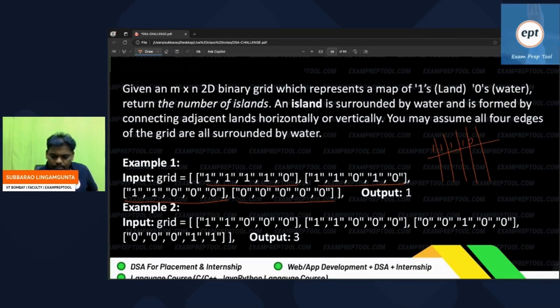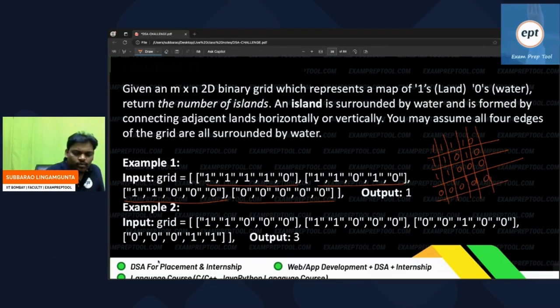Next 11010. Next 11100. Next, five zeros. So this is the matrix given.